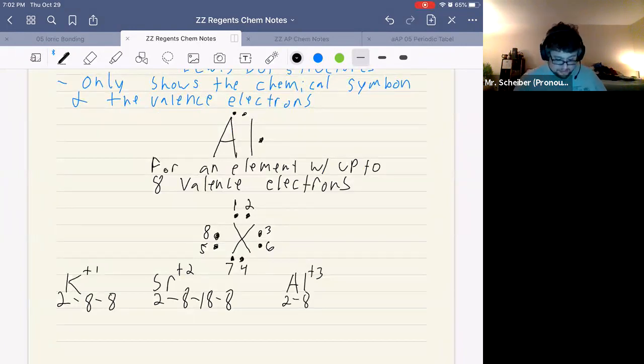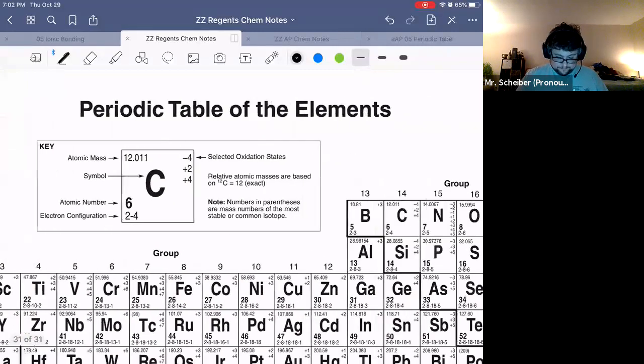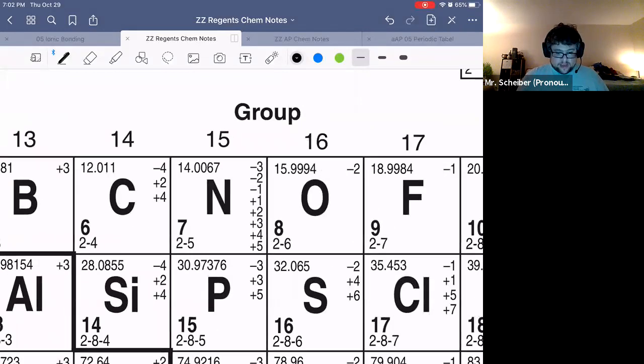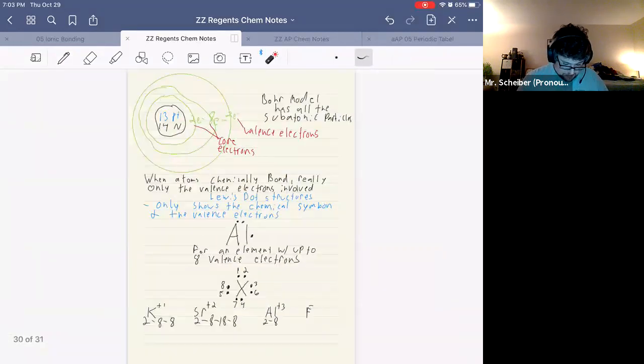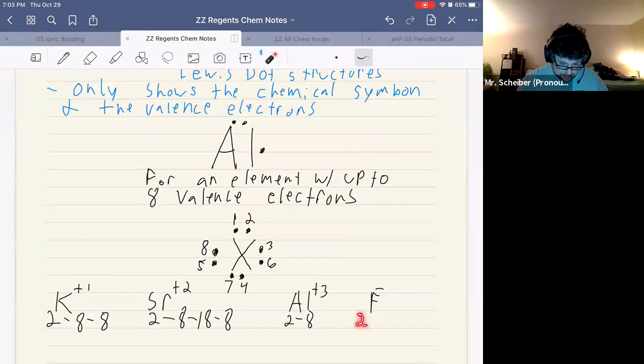Let's keep on going. Fluorine forms a -1. We add 1 to that valence shell. 2, 8. Let's do one more. Let's do phosphorus.